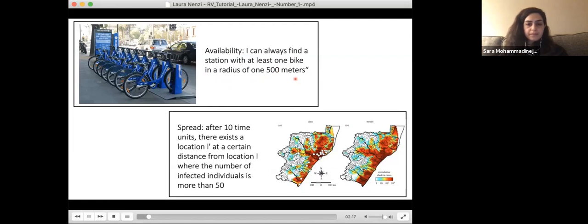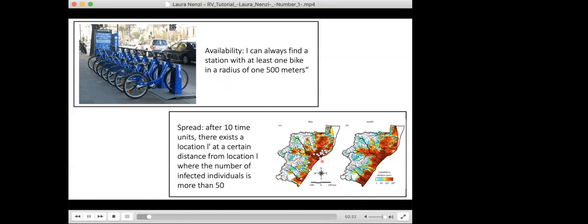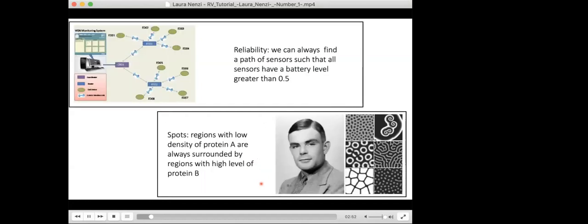Or in the case of the spread of cholera, you would like to check the spatial spread of the disease, and for example, this can be described by the property that after 10 time units, there exists a location at a certain distance from the location where I'm checking this property, where the number of infected individuals is more than 50.